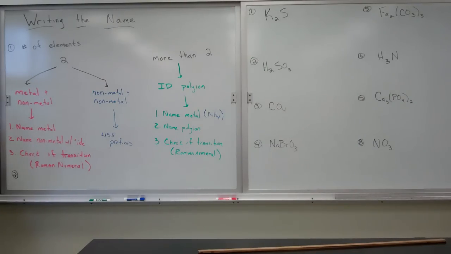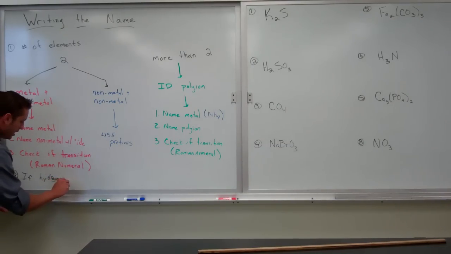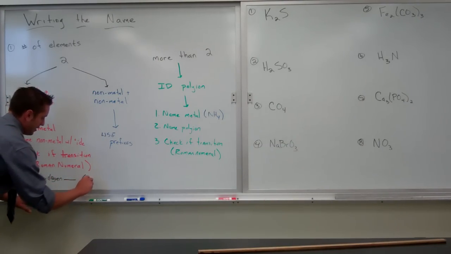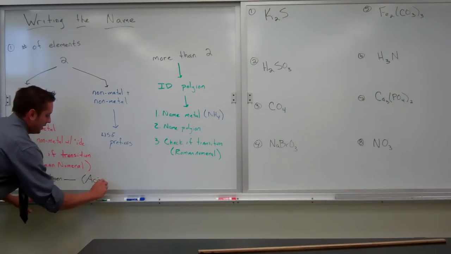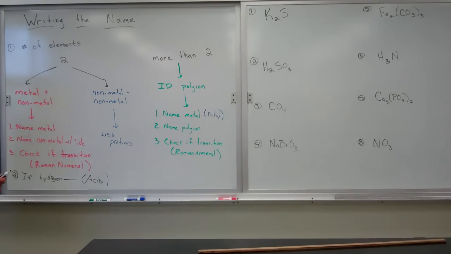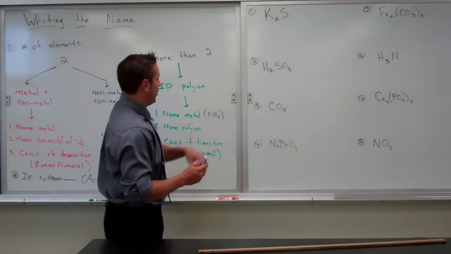And then we'll say if, when you're writing the name, you have hydrogen anything, it's an acid, and you use the table. That's just a reminder as you go through.